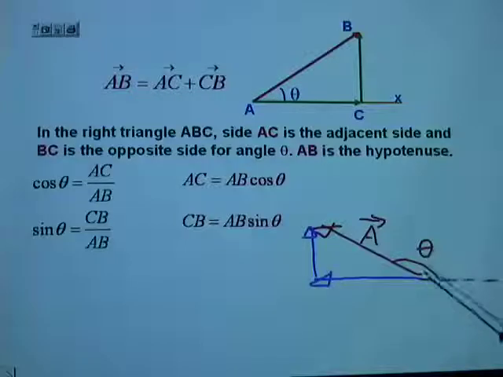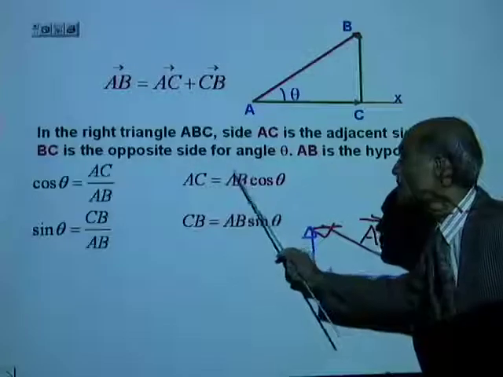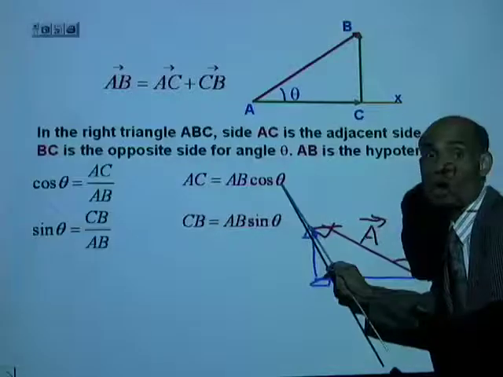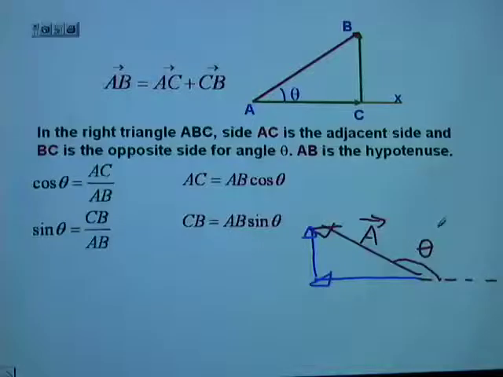Therefore, what is the x component? Now, the x component is the vector times cos theta. So, this x component will be vector A times cos theta, and the y component will be vector A times sin theta.